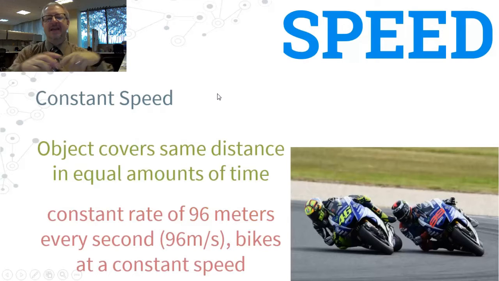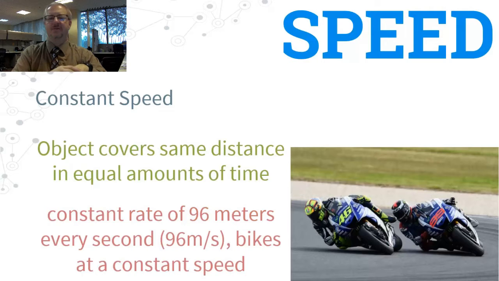There's this idea of constant speed that you need to be aware of. The idea of constant speed is that an object is covering the same distance in equal amounts of time. So little snapshots of time. In each of those little time intervals, the same amount of distance gets covered. That would be a constant speed.